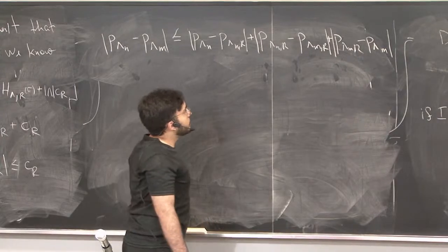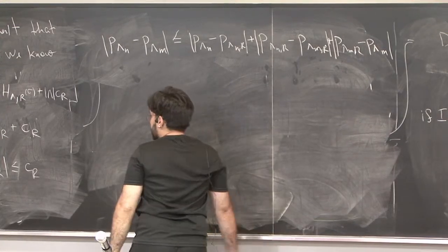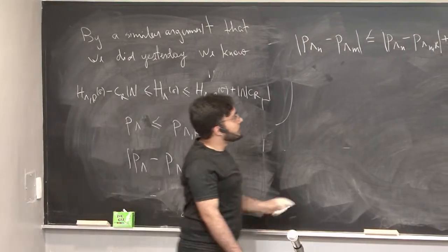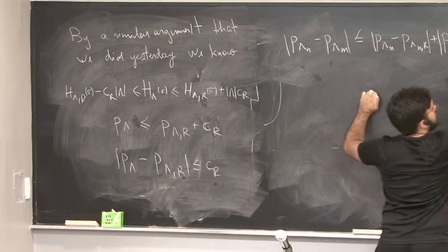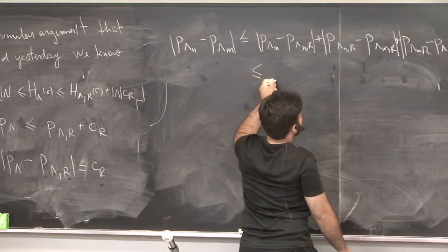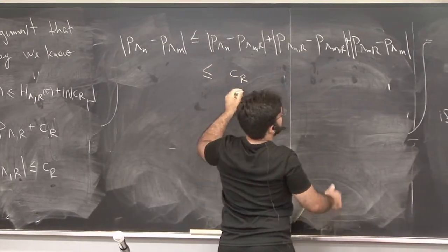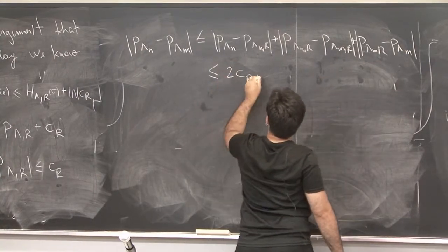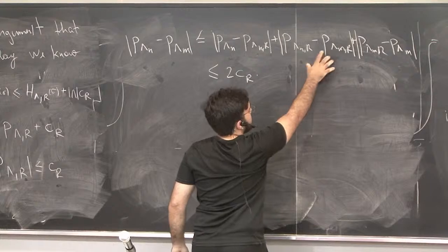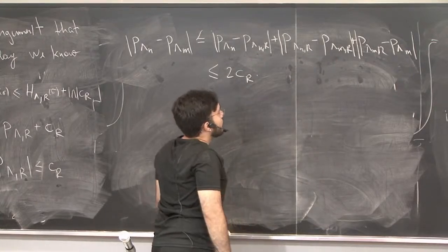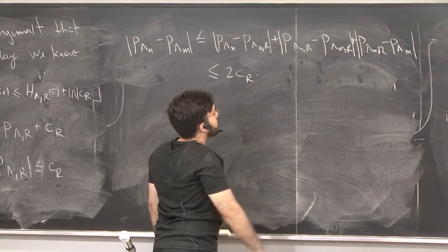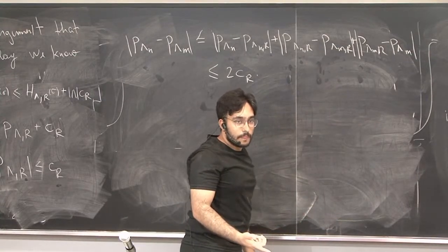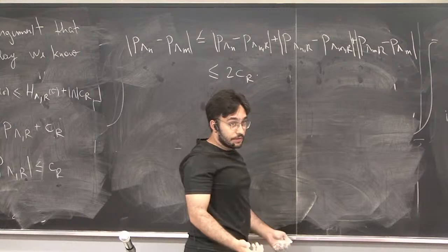But we showed that for any lambda this holds, okay? So this term right here and this term right here will be less than CR. So since I have two of these terms, I have 2 times CR times the pressure right here. But the pressure for a finite range model converges.